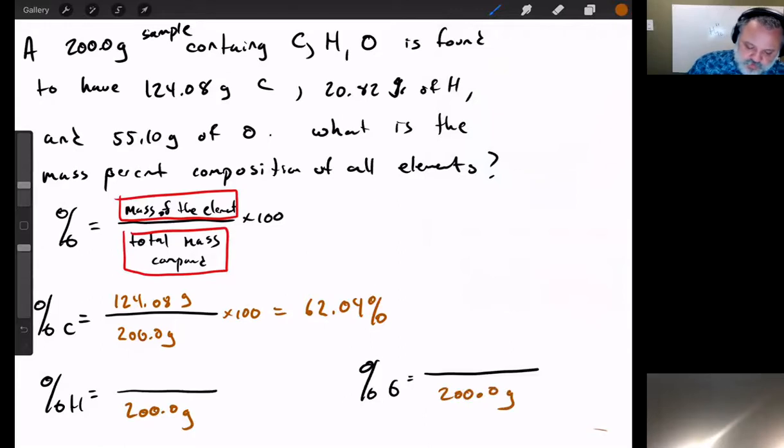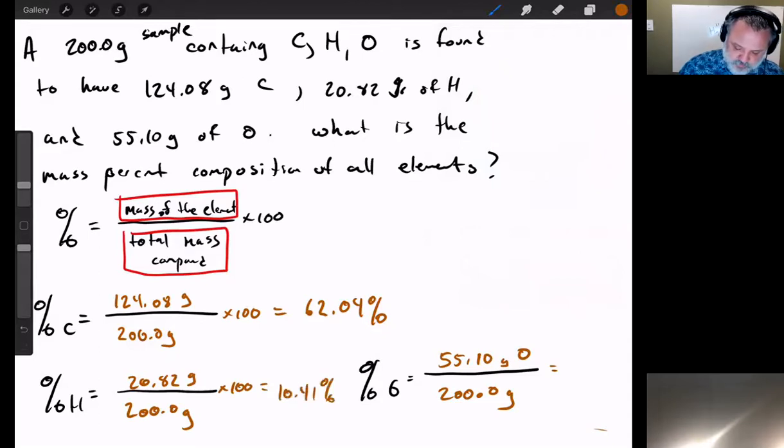It tells us what the masses of each of those elements are: 55.10 grams for oxygen and 20.82 grams for hydrogen. So we should get 10.41% here, and we should get 27.55% here.